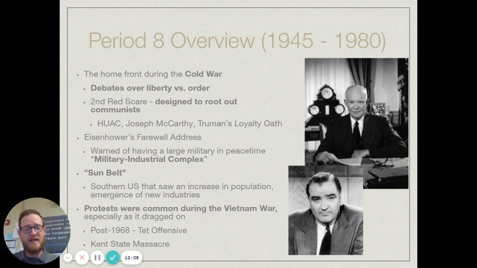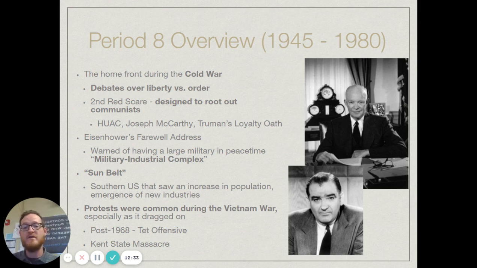So the interesting thing with Vietnam is that because it was not fought in a traditional way, again, most of it was guerrilla warfare, it was hard to measure what success looked like during that. And then in 1968, you're going to see eventually the Tet Offensive happen. And that's what really opened a lot of people's eyes to realize, hey, the Vietnam War is not going as the government is telling us it is going.